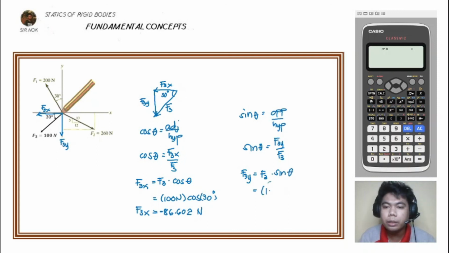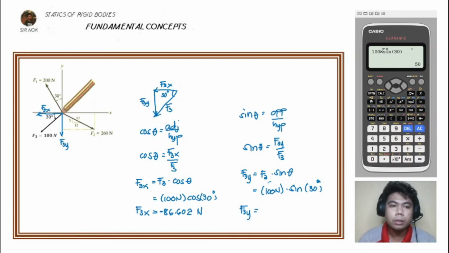So 100 Newton times sine 30 degrees. So F3y is equal to 100 times sine 30 degrees, and the answer is 50, or that is negative 50 Newton. Yan.